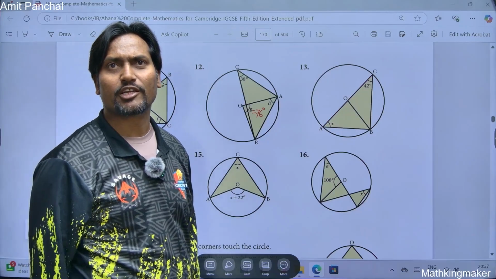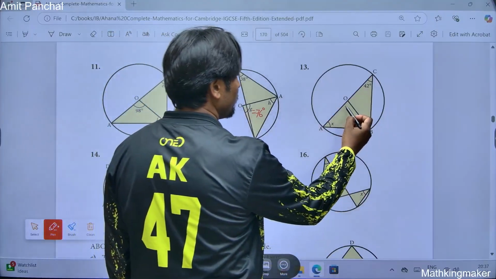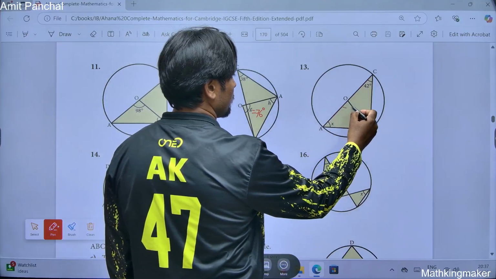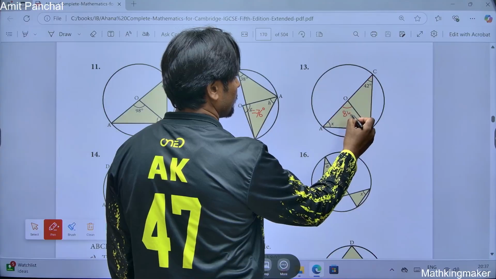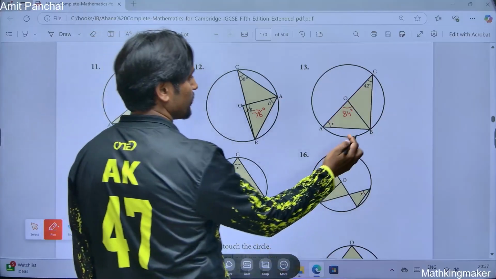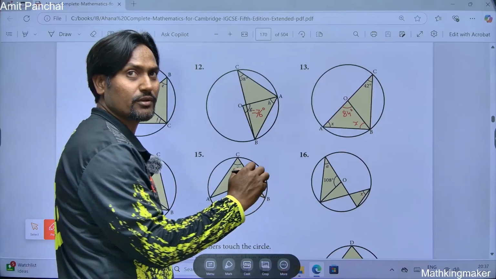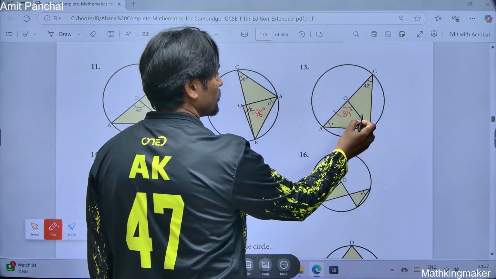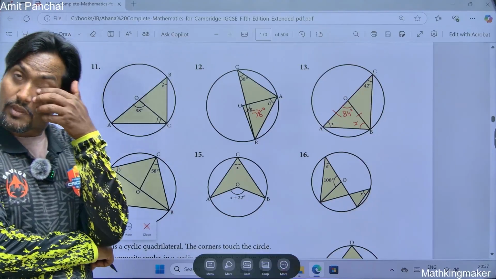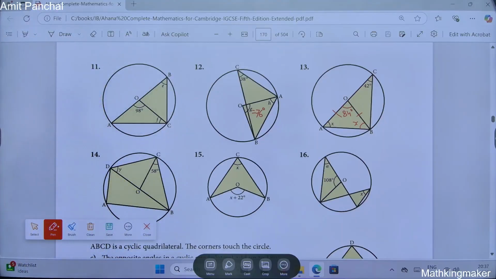Yeah, definitely it will be double of 42. That will be 84. Okay. That will also be X because it will be an isosceles triangle. 48. Yeah, right.